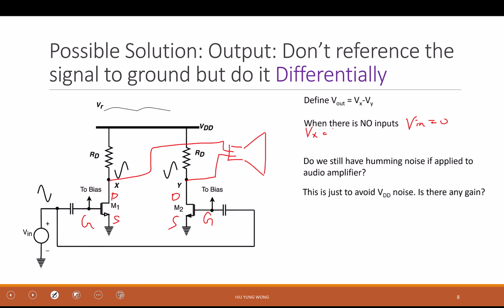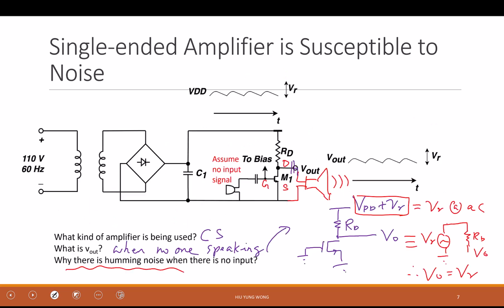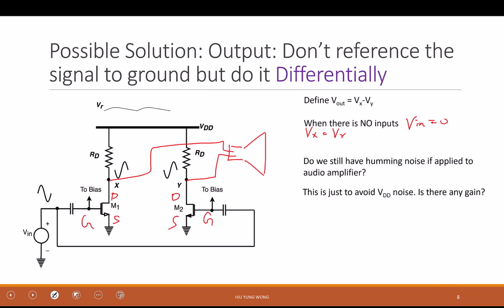From the last slide, we already said that no one is talking for a single common source amplifier, the output is VR. What is Vy? Also VR. They're exactly the same, right? So what is Vout? Vx minus Vy, which is 0, right? So we don't have the humming noise anymore. So I'm done. I solved this problem because I try to have the differentiation.